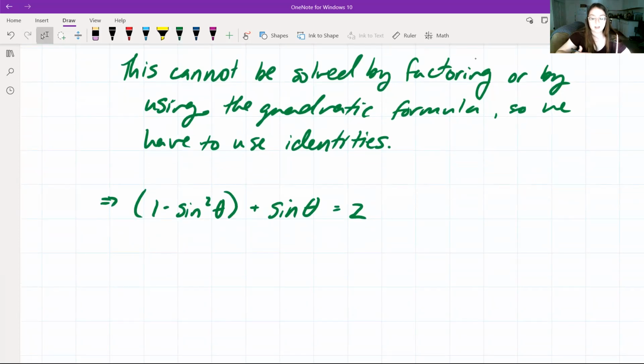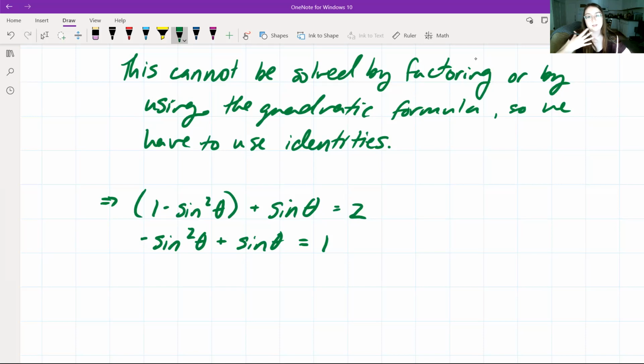Now that we have this, we can simplify a little bit. If we subtract 1 from both sides, this would end up giving us negative sine squared theta plus sine of theta is equal to 1, since we subtracted that 1 from both sides. Then we don't want a negative sine squared of theta as our first term.